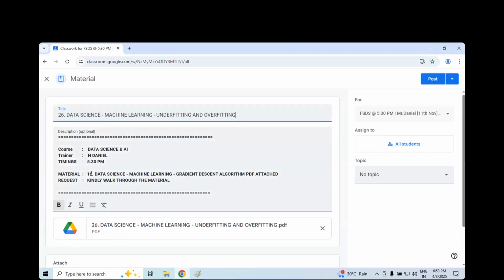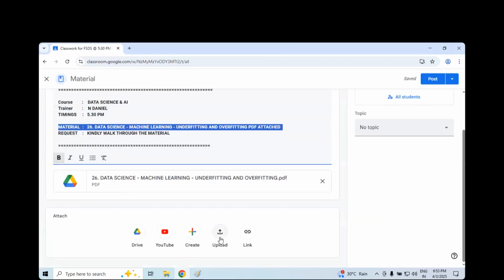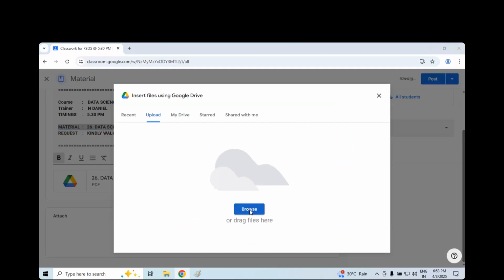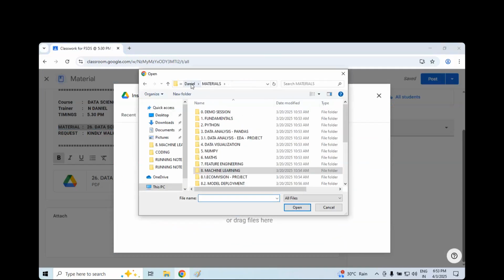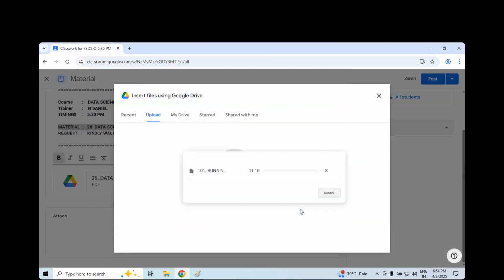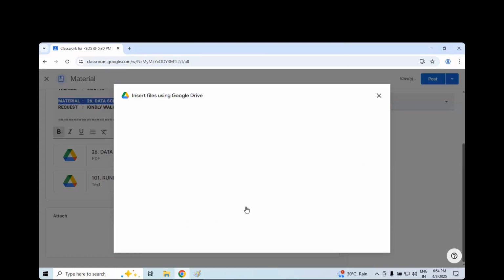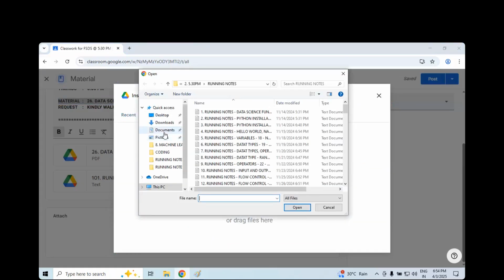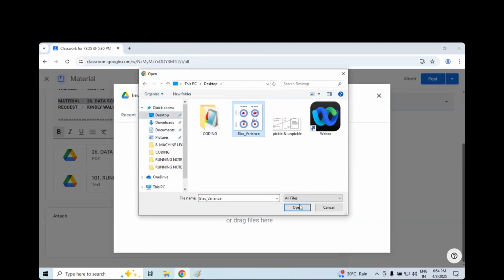Let us add here our material content, and it is very well structured actually. I need to upload these running notes too. Now the image also.